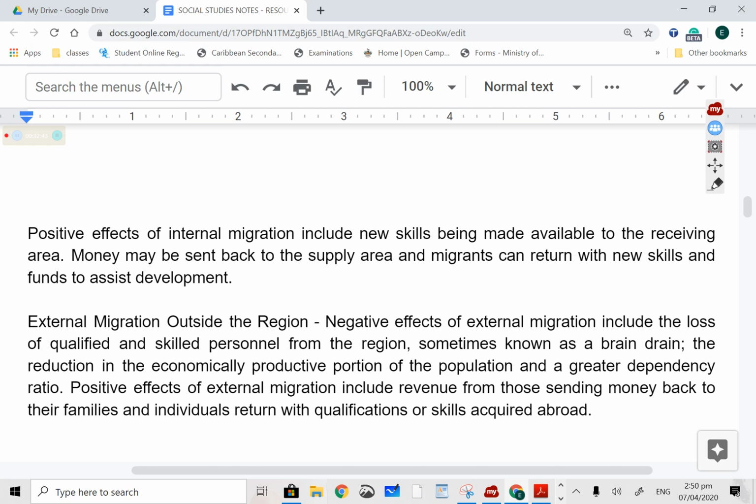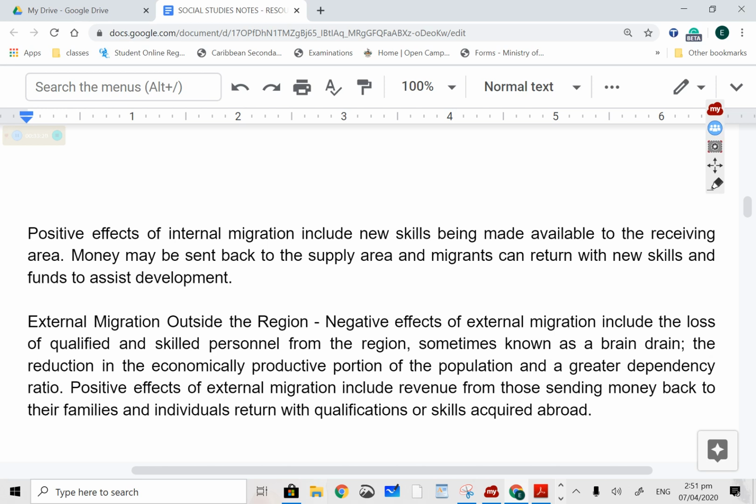Money may be sent back to the supply area, and migrants can return with new skills and funds to assist development. So in this example is like for people who have moved abroad to Canada, UK, America, etc. Sometimes it is to the benefit of their families who are still in the Caribbean, because that means they are able to receive foreign exchange, US money, Canadian money, pounds, etc., to take care of their family and spend within this country and improve the standard of living.